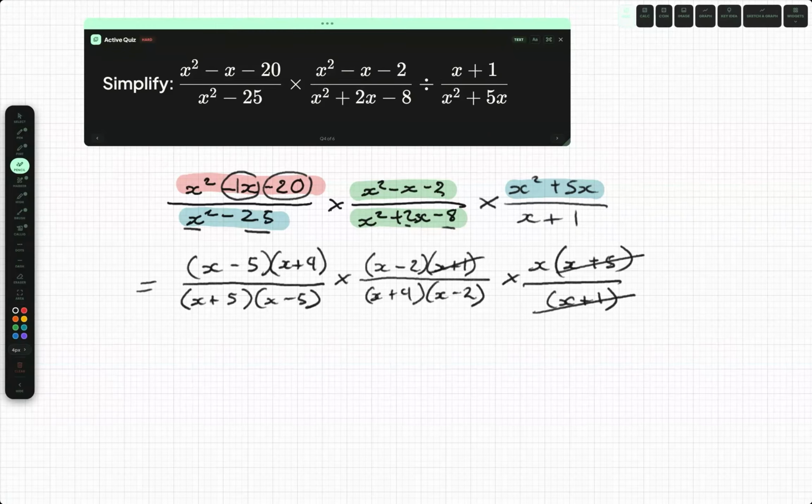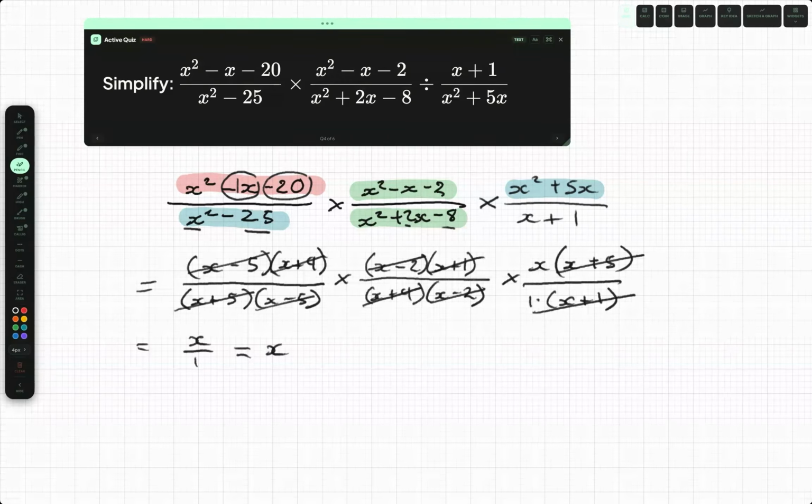Do we have x plus 5? We do. We have an x plus 5 here. An x minus 5 we can get rid of. An x plus 4 we can get rid of. And an x minus 2 we can get rid of. And we're left with x. We can get that as 1 times this x over 1, which is just x.